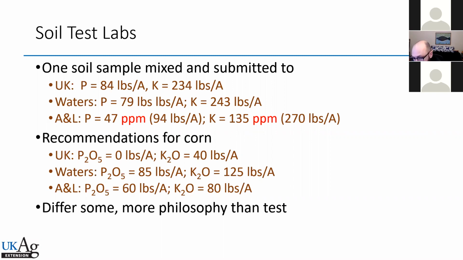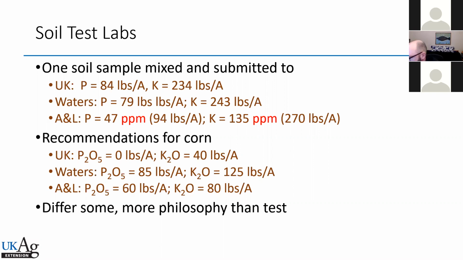It takes a long time. If your soil test phosphorus is low, you can apply to move it. So 5 parts per million is 10 pounds per acre soil test P. If I wanted to move from 10 to 20 pounds soil test, it would take 600 pounds per acre of P2O5.